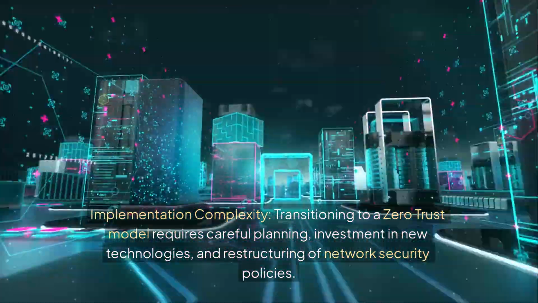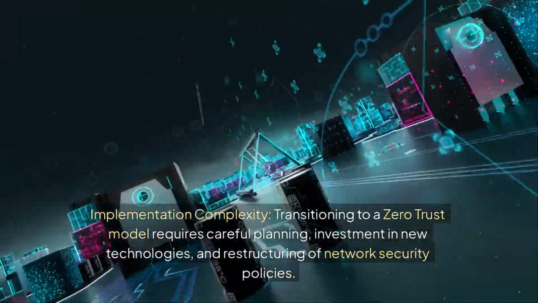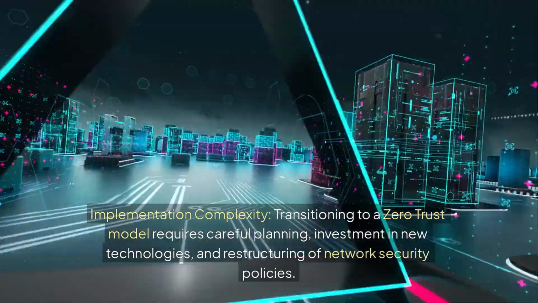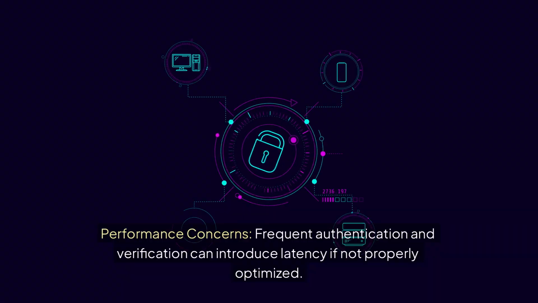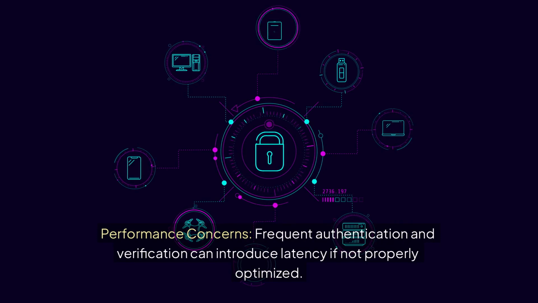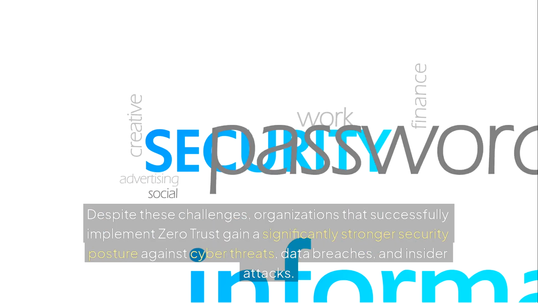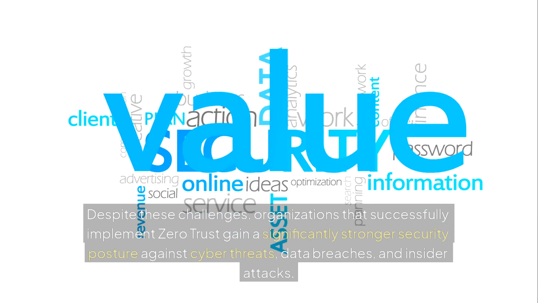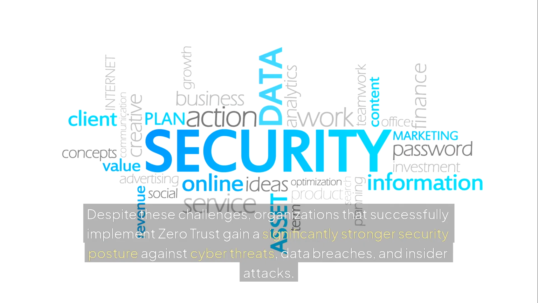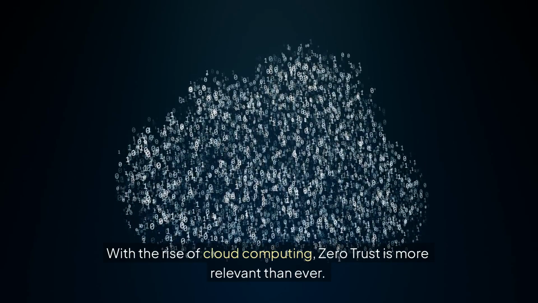Transitioning to a Zero Trust model requires careful planning, investment in new technologies, and restructuring of network security policies. Performance concerns. Frequent authentication and verification can introduce latency if not properly optimized. Despite these challenges, organizations that successfully implement Zero Trust gain a significantly stronger security posture against cyber threats, data breaches, and insider attacks.